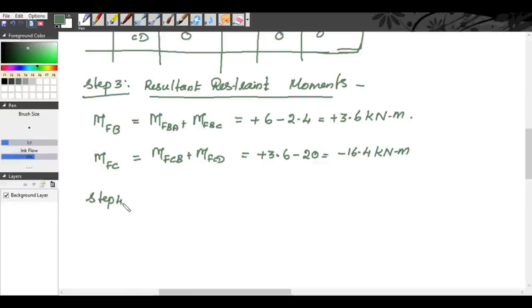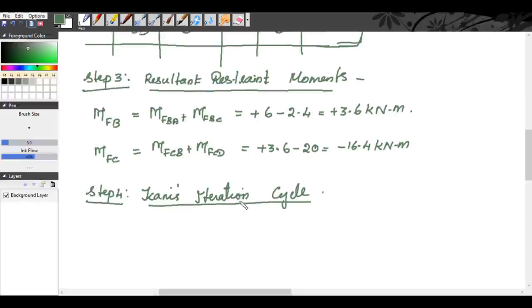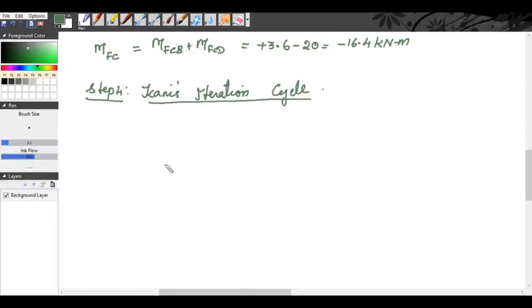So step 4, we will go for the Kani's iteration cycle. We know for drawing the Kani's iteration cycle, we have two intermediate joints, that is B and C. Therefore, we have to draw two boxes, right?